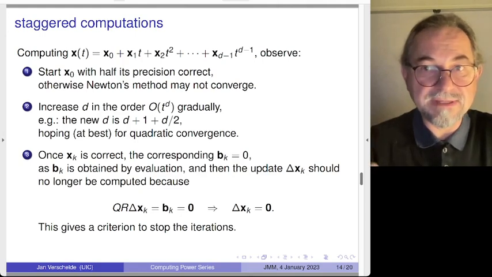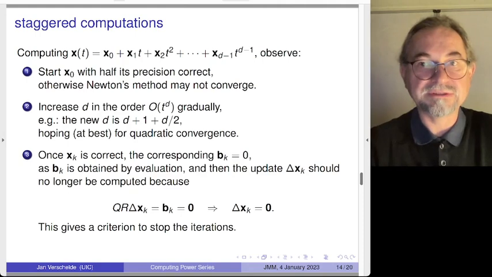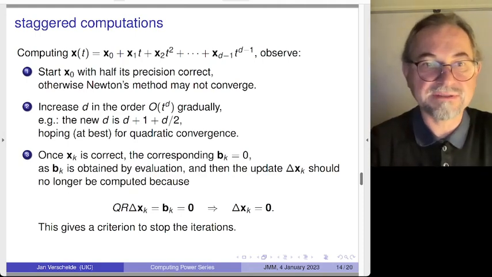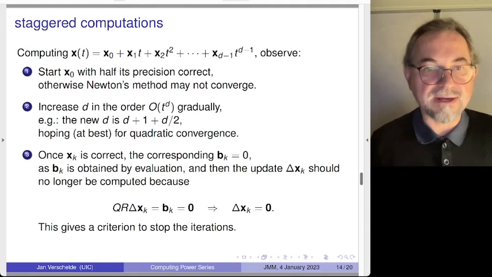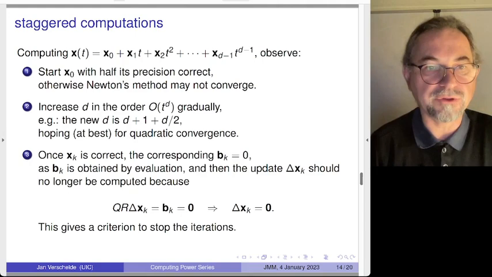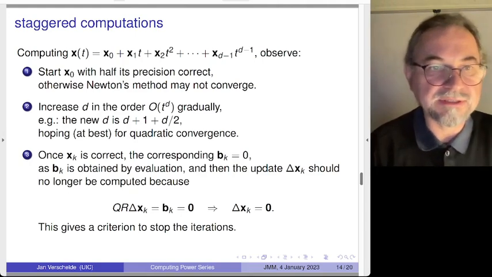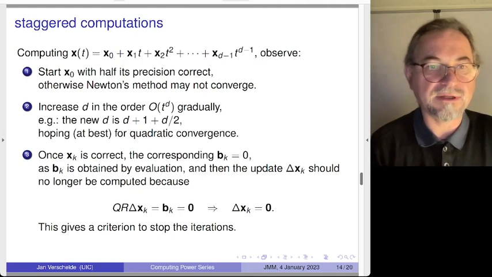It also does not make sense to immediately work at every step with series of length 64. So the order will be increased gradually, and you hope for quadratic convergence. The formula here in the second item is hoping for that quadratic convergence.